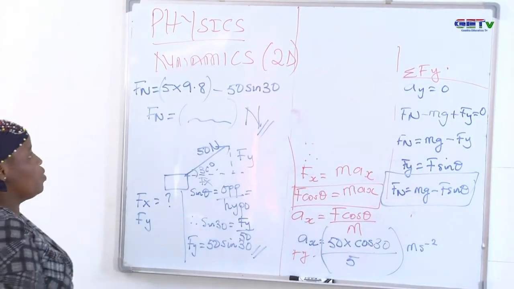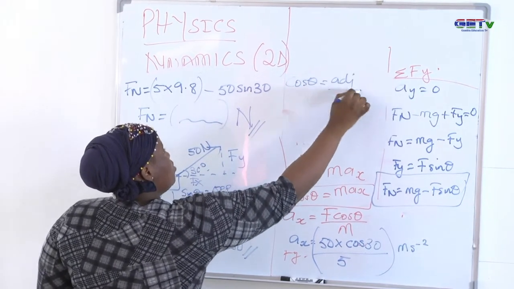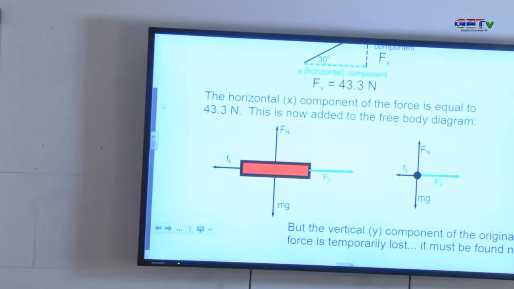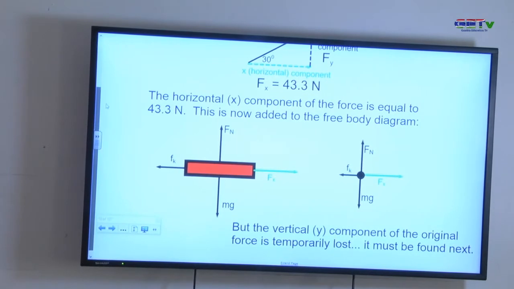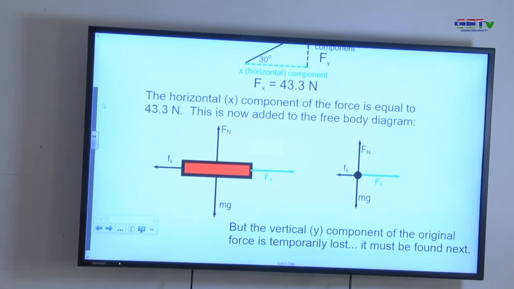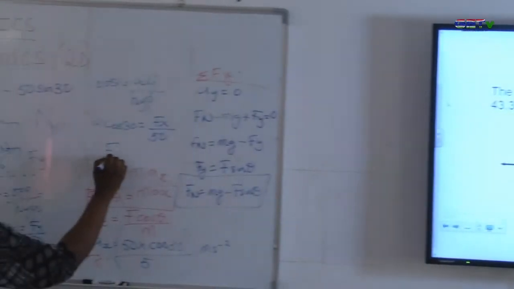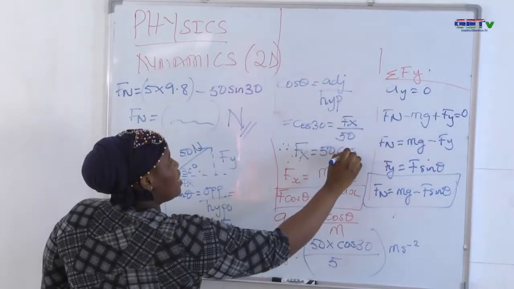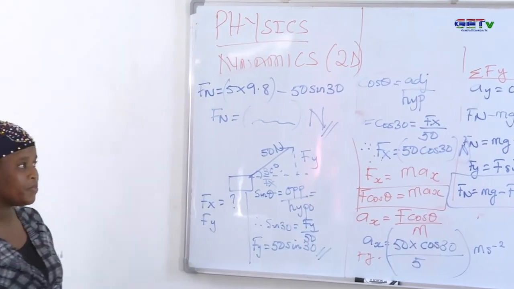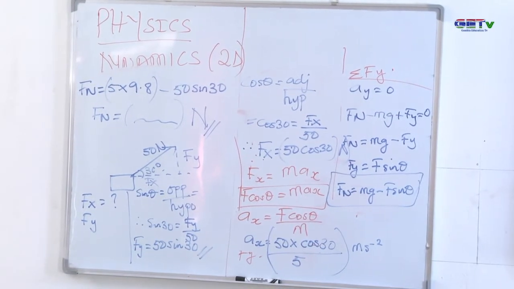We use the cosine of theta is equivalent to the adjacent side all over the hypotenuse. We are using this angle 30 degrees, and by observation, the adjacent will be f of x. So cosine of 30 will be equivalent to f of x all over the hypotenuse, which is the magnitude of the force, 50. So this will simplify as f of x equals 50 cosine of 30, and your answer must be in Newton. Good. Move on. It's covered.